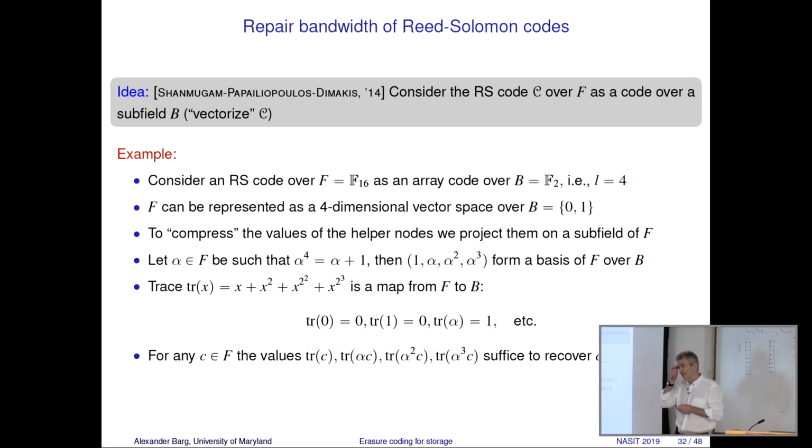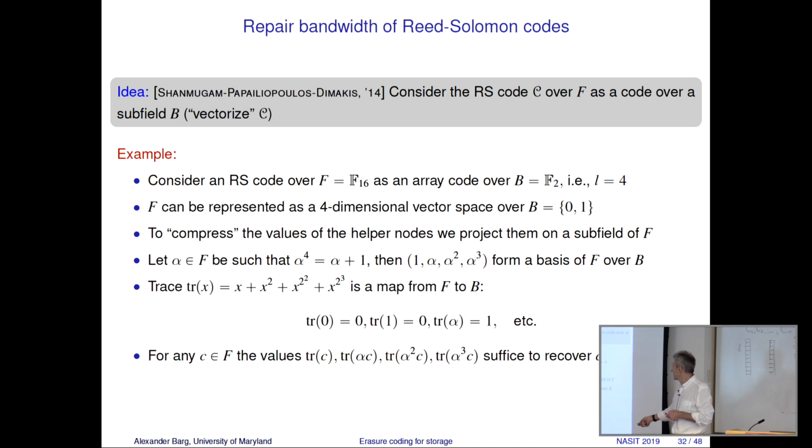It is clear that this takes value 0 or 1, because take this function, a square of that is that function itself. Squaring does not shift it. And if squaring does not shift the function, then the function is 0 or 1, right? So that's why trace is a function from F16 to F2.